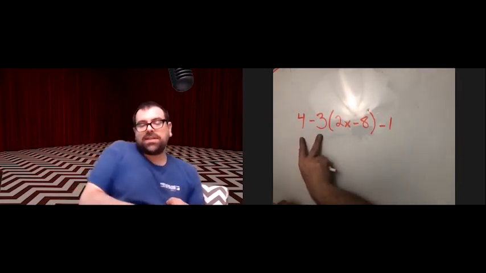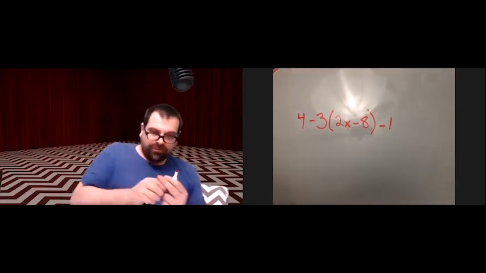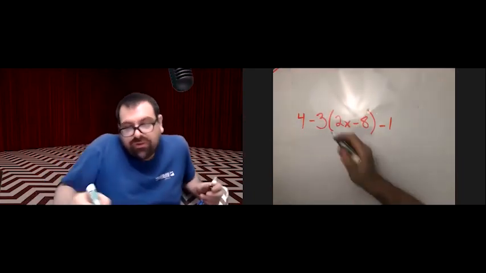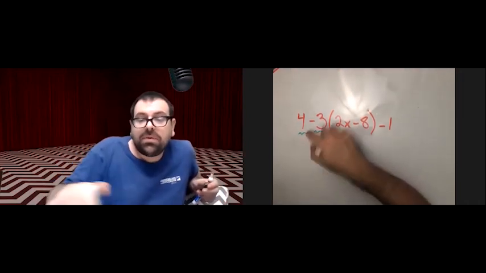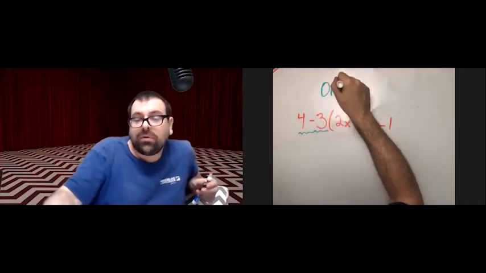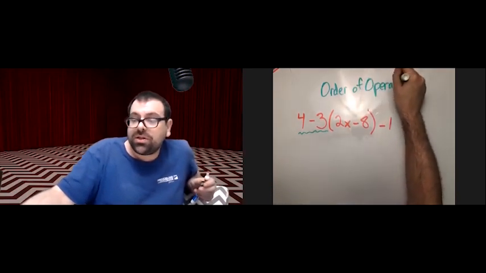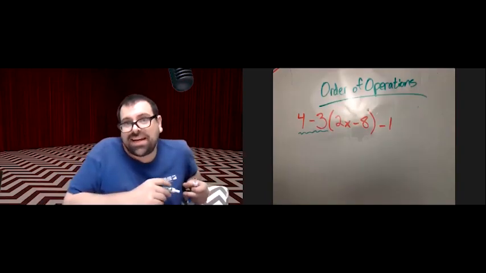You might be tempted to do 4 minus 3 first. And, please don't write this, if you do 4 minus 3 first, that would be a problem with order of operations. And an order of operations issue is devastating.